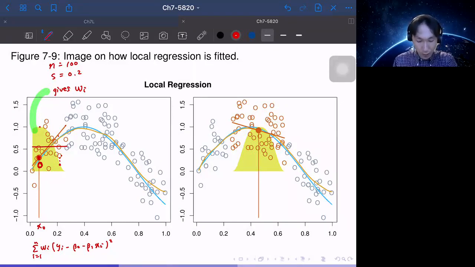So if we take just the average of these 20 observations, that means we fit a constant function to them. You can see we have some positive bias, right?